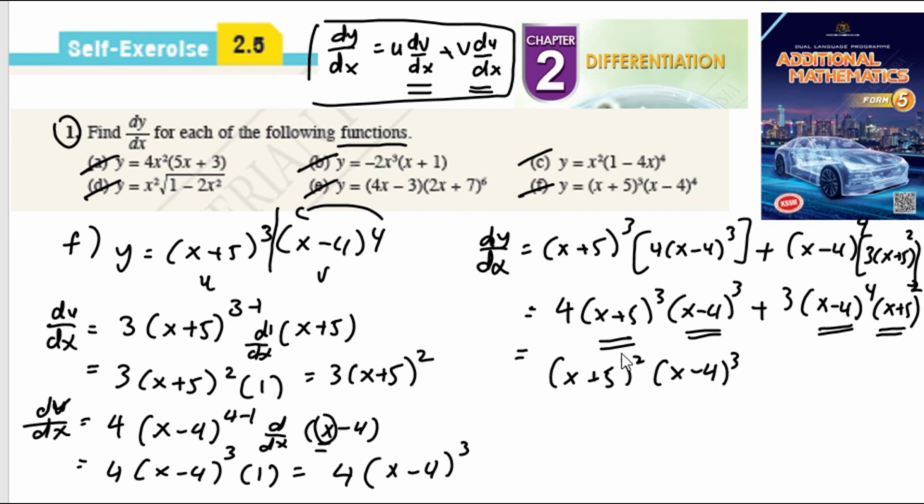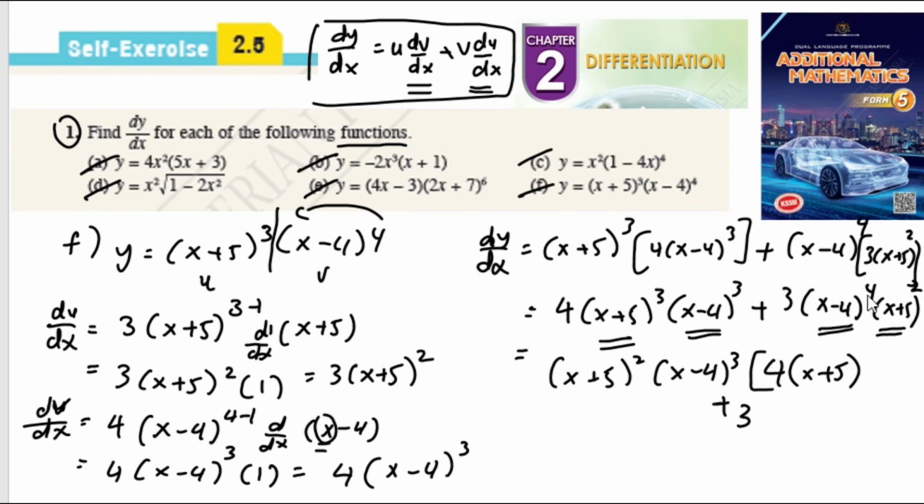After you factorize, then you see what you have left. For the first one, after you take out x plus 5 to the power of 2, you are left with 4 times x plus 5 to the power of 1. And x minus 4 to the power of 3, you take out 3, so you don't have this one anymore. So this one is plus 3.